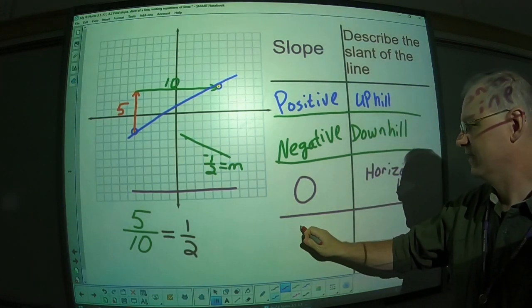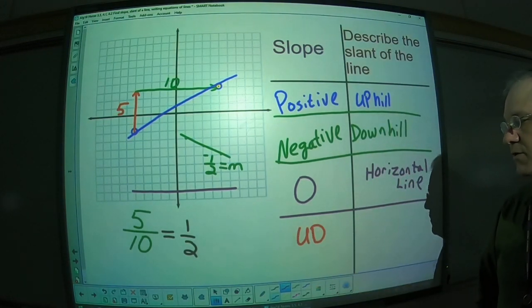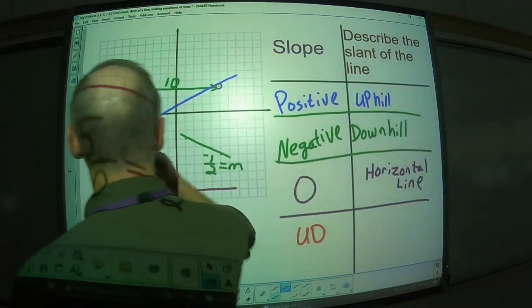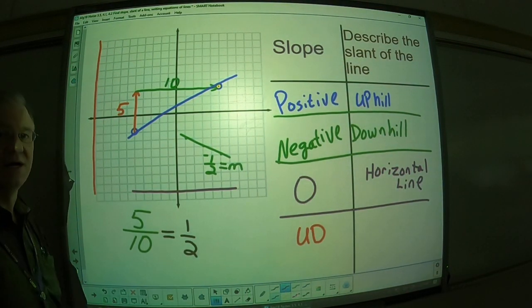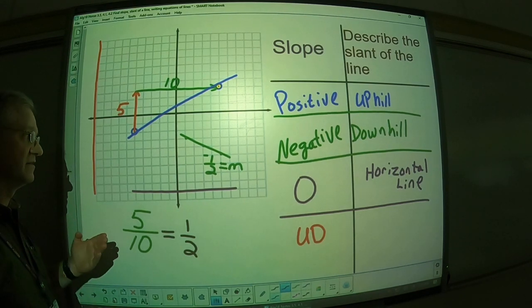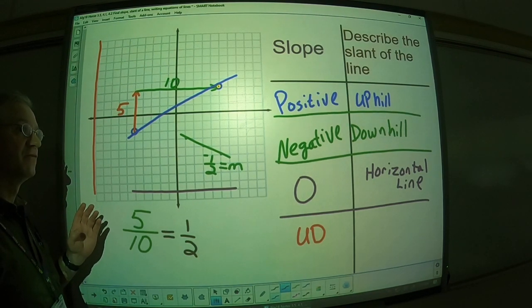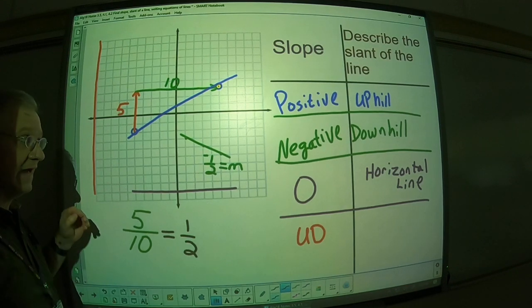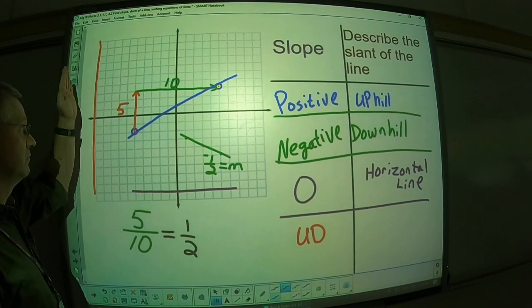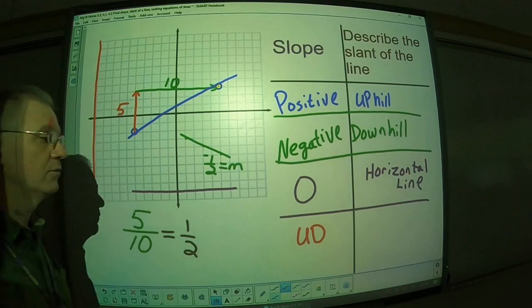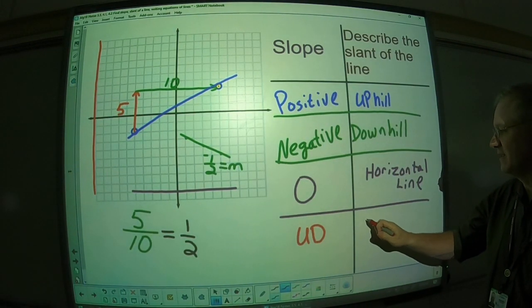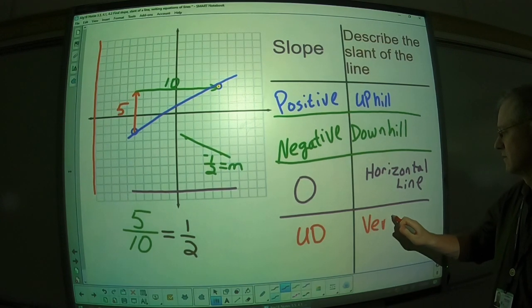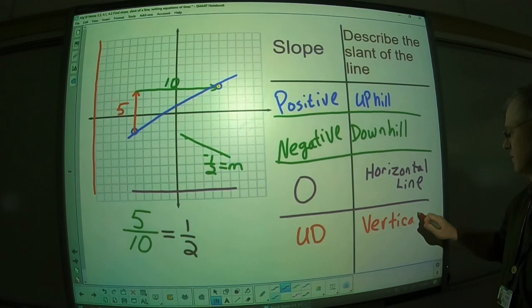Finally, if you have undefined slope, that's referring to a vertical line. A vertical line will have undefined slope because the top is the y value, that changes, but the x value doesn't change. So it has 0 for change, so undefined is a vertical line.